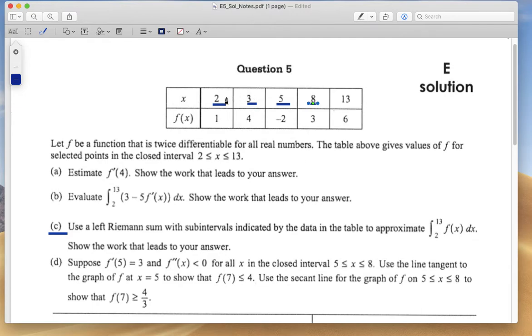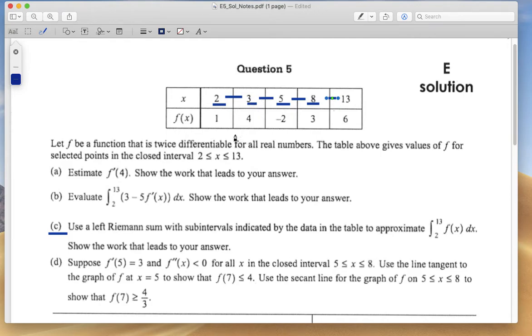And then I have to find delta x's of each of these things, and that one too. There's 1, 2, 3, 4 rectangles here. The delta x's would be 3 minus 2 would be the first delta x, 5 minus 3 would be the next one, and so on.